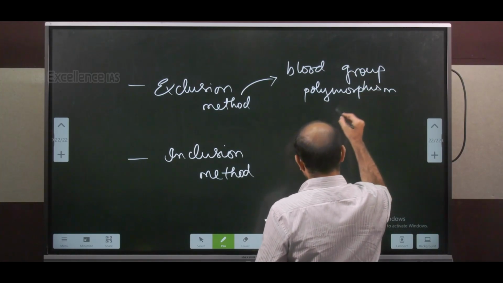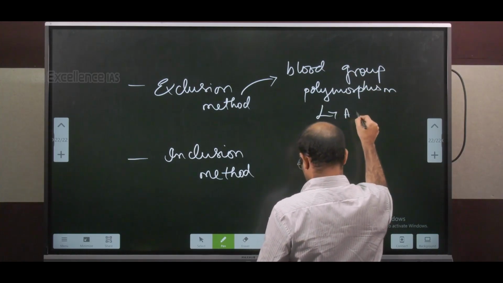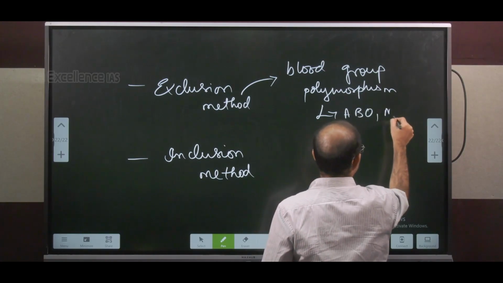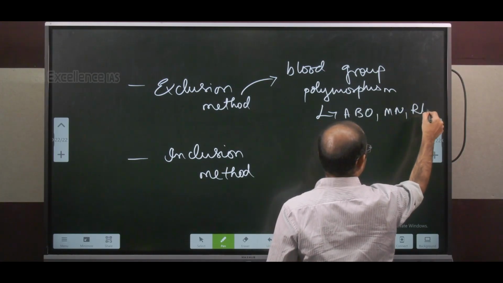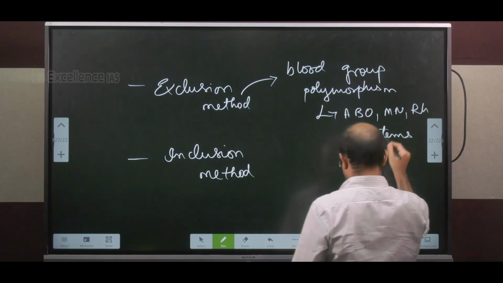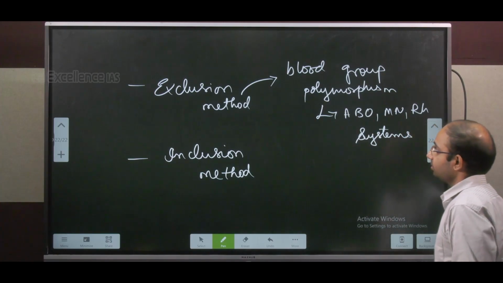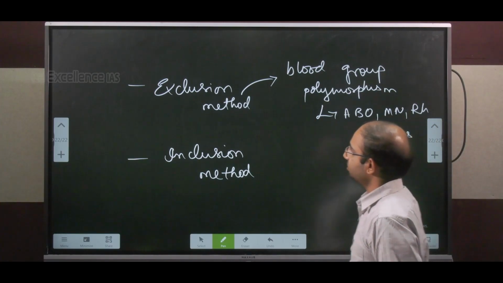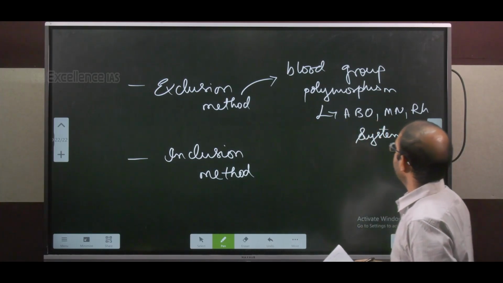This is based on blood group polymorphisms like ABO, MN and RH systems. These are most widely used.